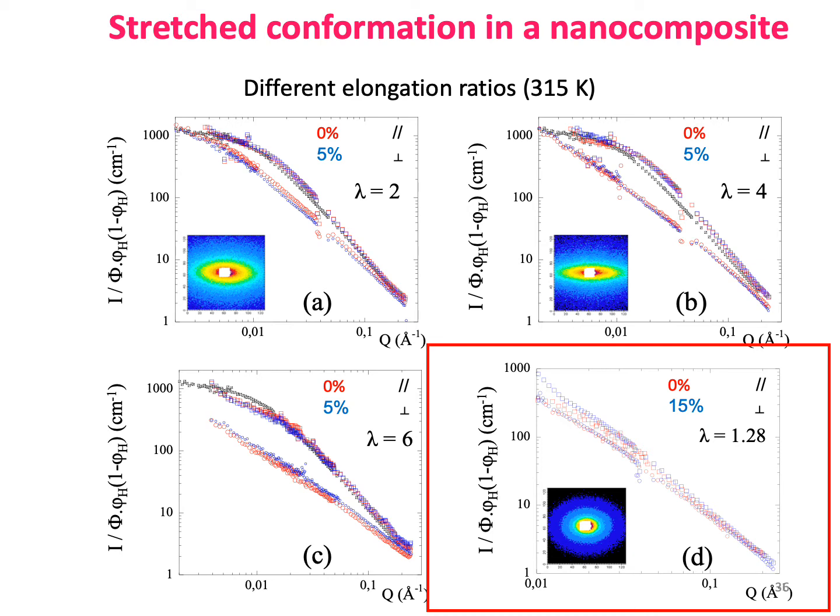And you can see on the figure, on the right-hand side at the bottom, that again there is a superposition of the red points for 0% silica and the blue points for 15% silica in volume. So here again, the conformation of the chain is the same with and without the silica.